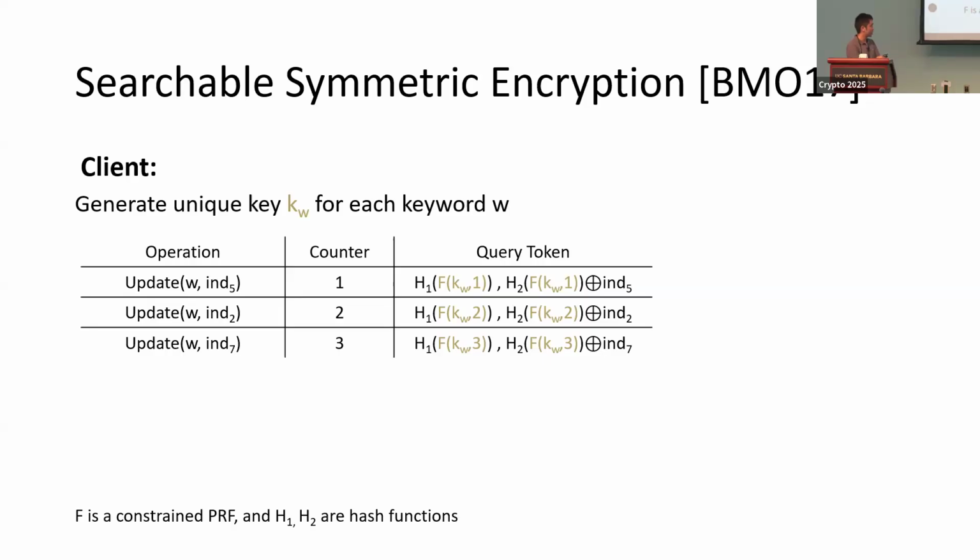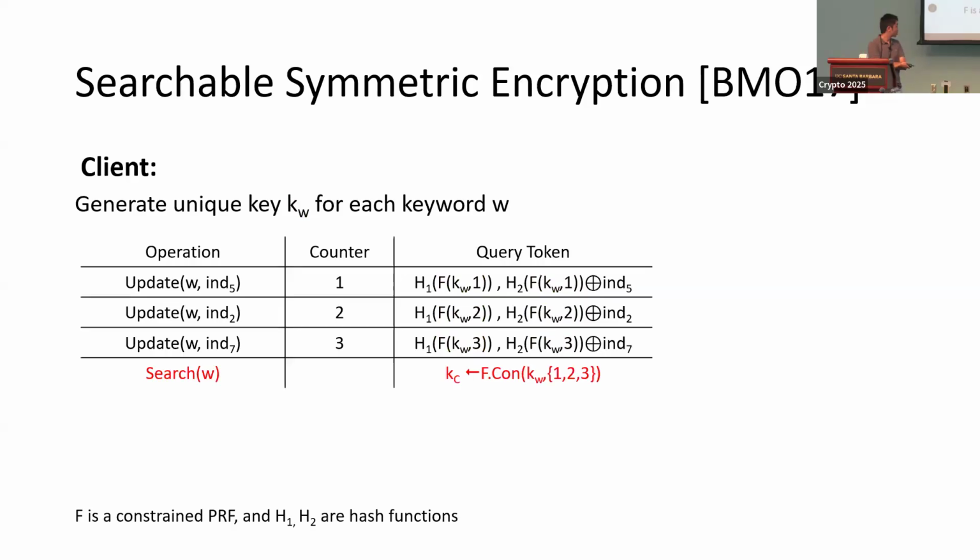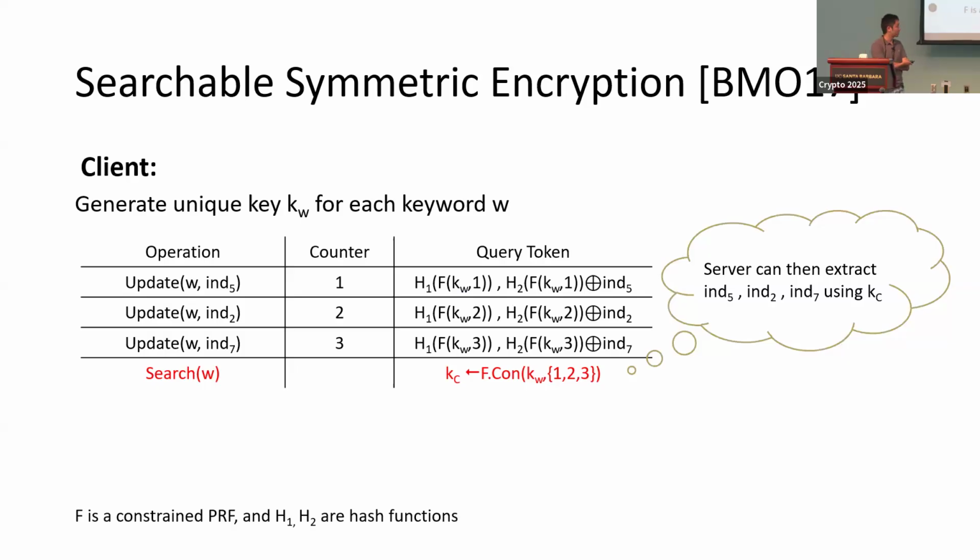The result is hashed, and then hashed using another function to encrypt this document ID. To search, the client will generate a constrained key on a set that contains all the counters so far. The server can then extract the document IDs using this constrained key.